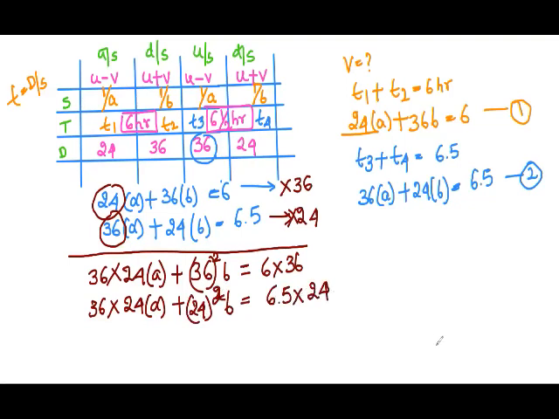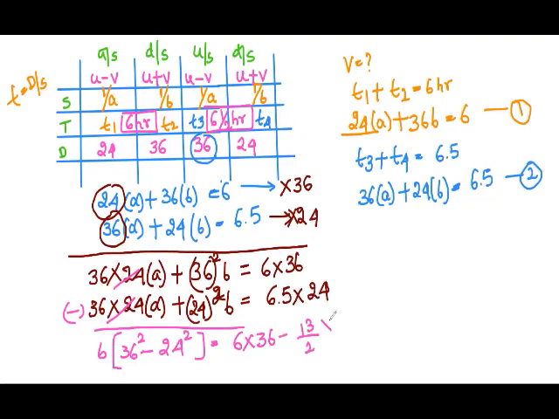Now you can simply solve this. Just subtract the equations, then a will get cancelled. If you take b as common, then this will be 36 square minus 24 square, which is equal to 6 into 36 minus, 6.5 I can write as 13 by 2, so 13 by 2 into 24.